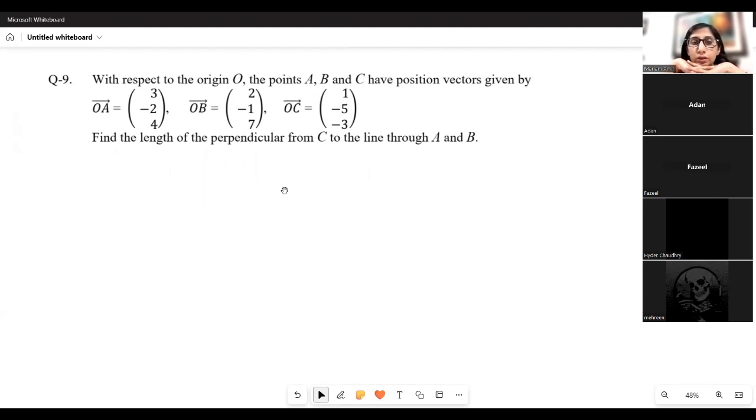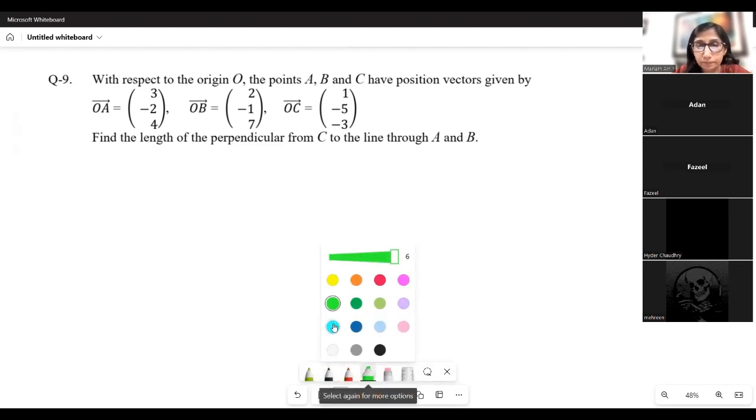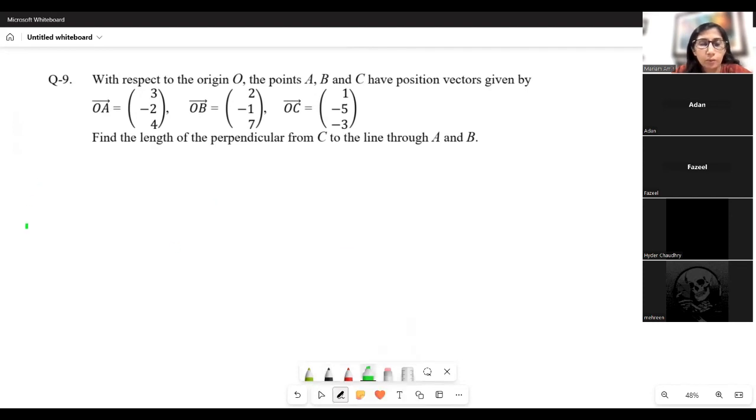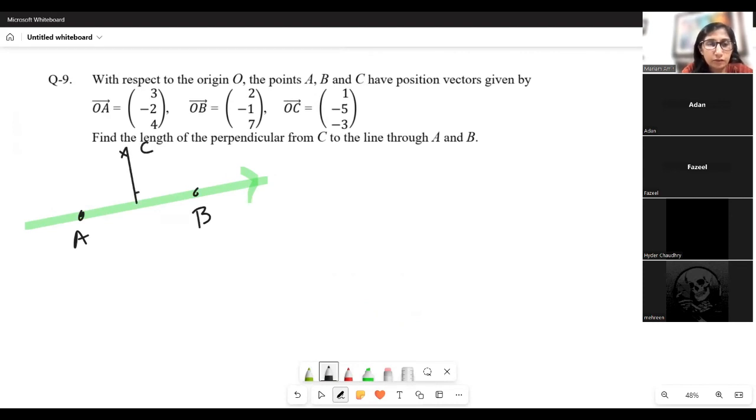Find the length of the perpendicular from C to the line passing through AB. Okay. So we have a vector again, and A and B are 2 points on this vector. And then there's another point C somewhere, and you have to find this perpendicular distance. Okay. How do we do that?